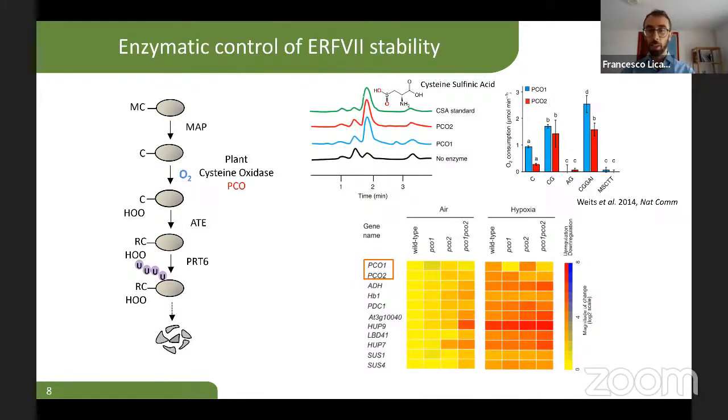And also genetically, we could confirm that, again, inactivation of the genes coding for these would stimulate the expression of anaerobic genes already under aerobic conditions. So these together contributed to define a new enzymatic process that oxidizes cysteine at the N-terminus.